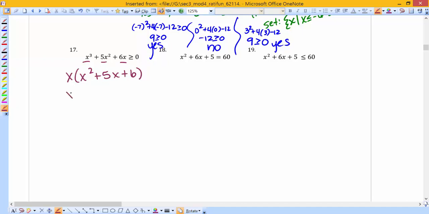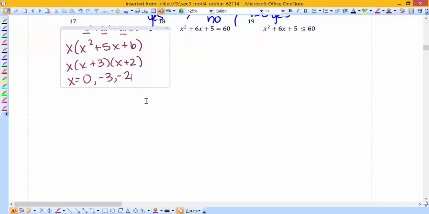And I could factor the inside. x plus 3, x plus 2. So now I'm going to solve for x. I'm going to use my polynomial skills and know that I would set each of my factors equal to 0. And then I would solve for x and I would get 0, -3, and -2.